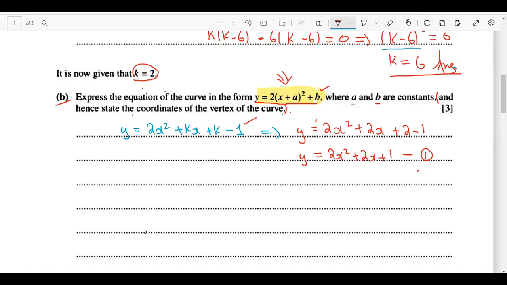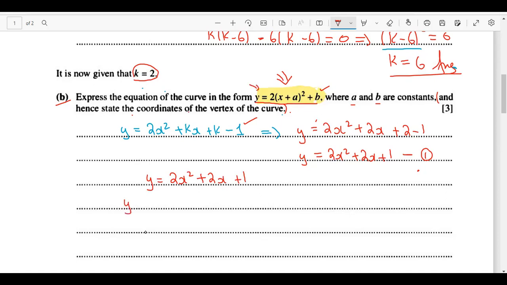It is y equals 2x squared plus 2x plus 1. This is the given equation, which I need to convert to this type.